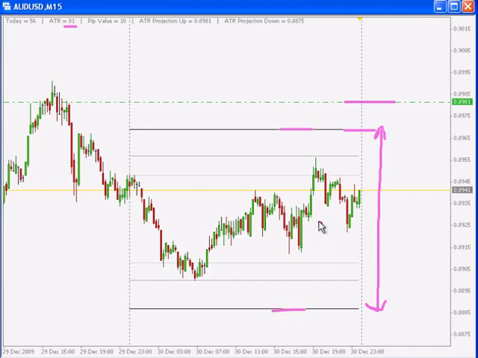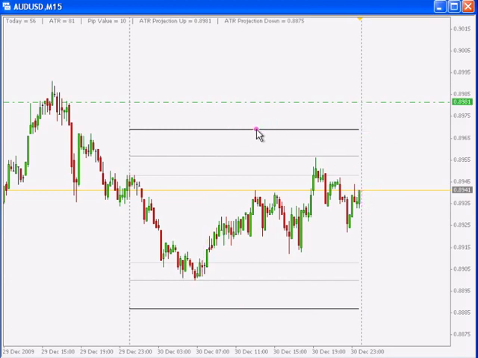For the projections, we are adding those 81 pips to the low of the day. Since the low of the day has not broken beyond that 100% band yet, we can extend our projection to the upside beyond the 100% band.